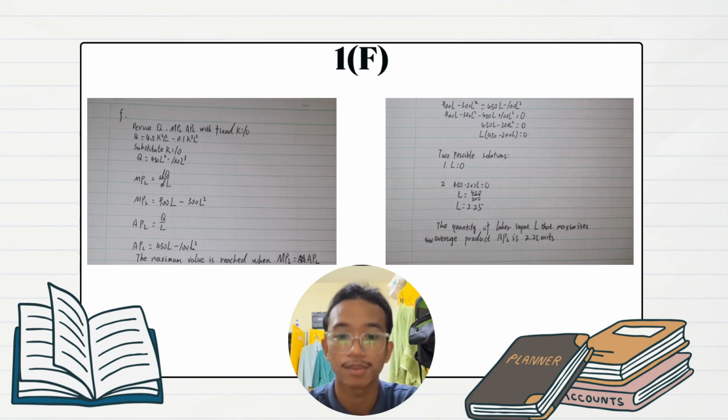If the firm hires more than 2.25 units of labor, the average production per worker will actually start to decline because of the law of diminishing returns. Therefore, L equal to 2.25 is the peak efficiency point for our labor input. That is the complete answer for 1F.